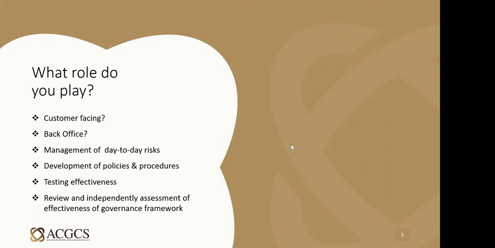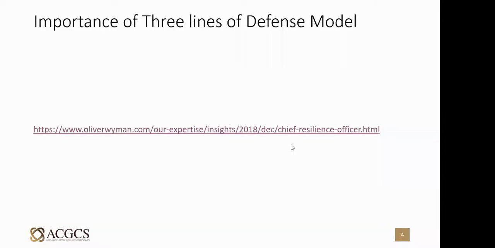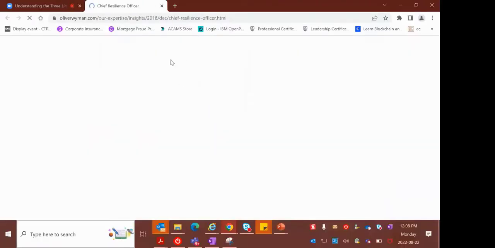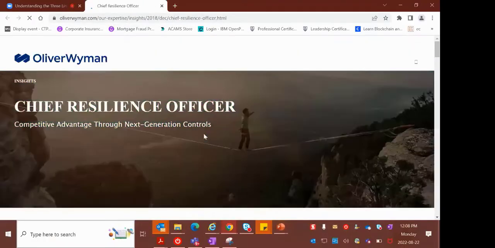Ensuring that there's a good level of understanding of what the goals are for this framework is the important thing, because that's where the common problems arise. So I'm going to show you as an example this video, just a short video, and then we'll go from there.